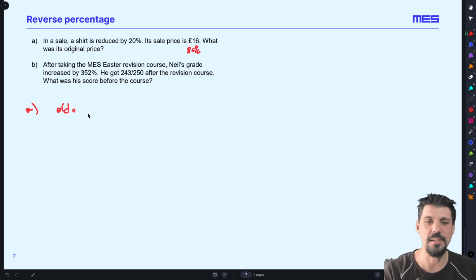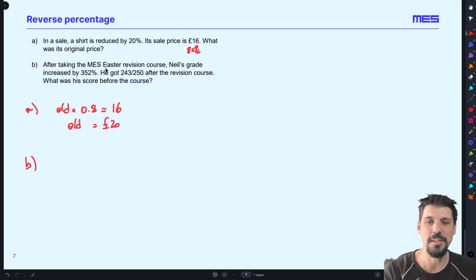That sale price is actually 80%. So we've done old multiplied by 0.8 gives me 16. All right, because this £16 is the sale price. Now we started at 100%, you reduce that by 20%, the sale price is 80%. So my multiplier is 0.8, which tells me the old price was £20.